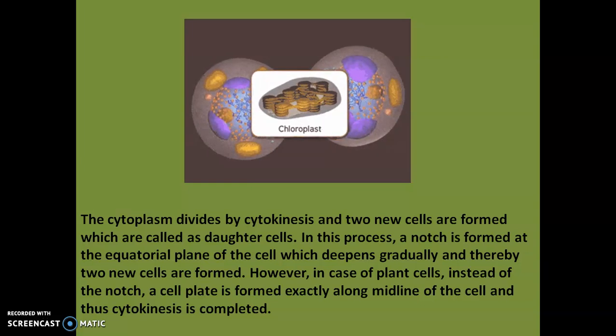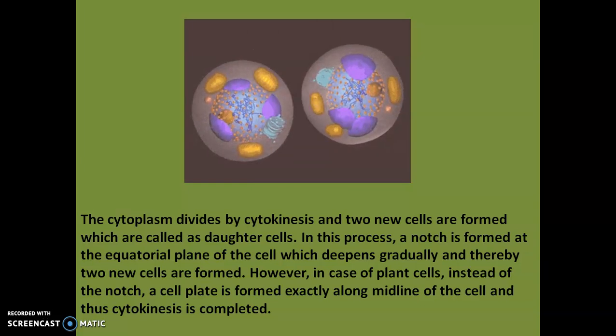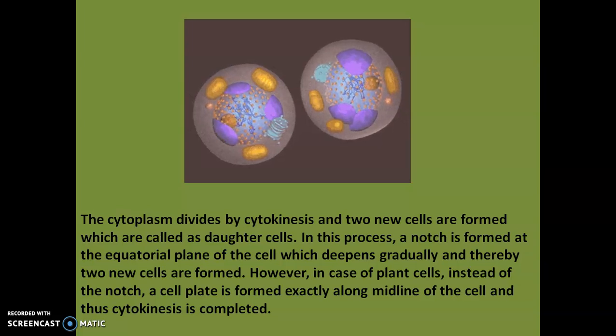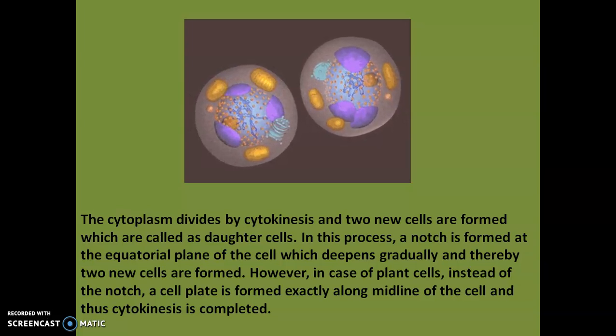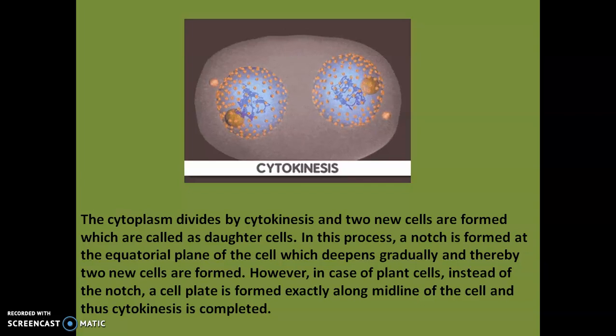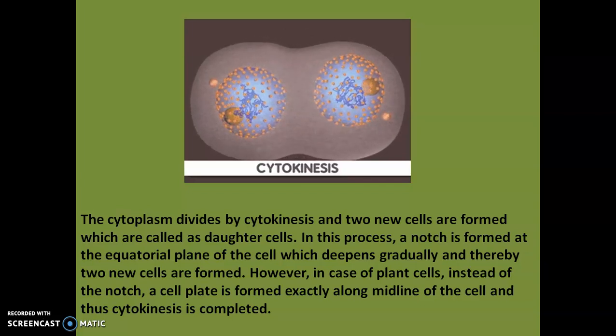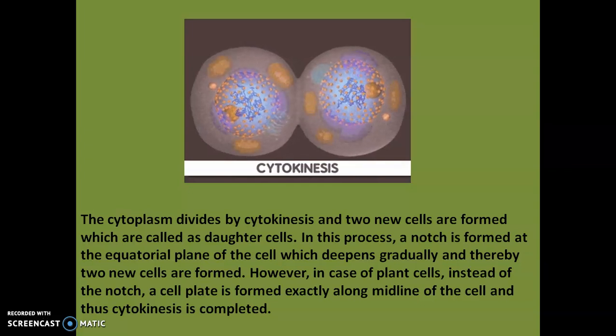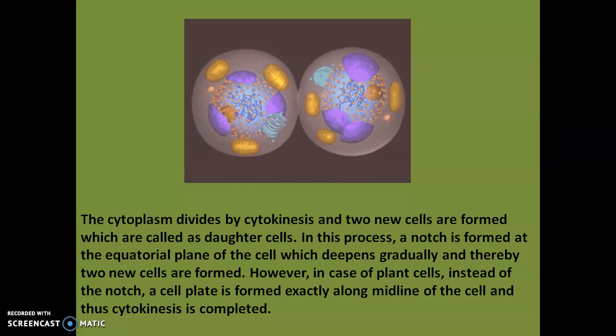In this process, a notch is formed at the equatorial plane of the cell which deepens gradually and thereby two new cells are formed. In the previous diagram we saw how the notch is formed. Here also we can see the formation of the notch, and the cells being pulled apart, and formation of two daughter cells. This is for the animal cell.